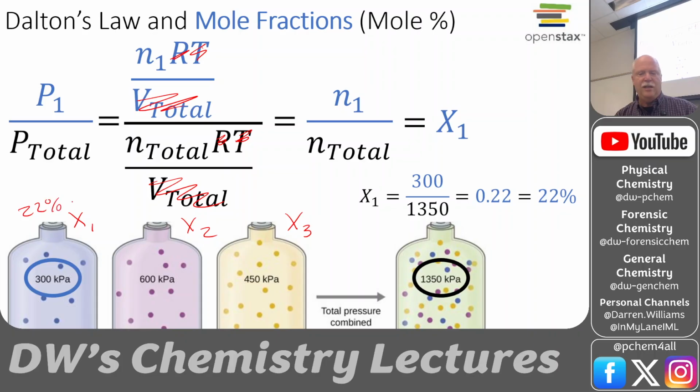So let's get our calculators out and calculate 600 divided by 1350. 44, thanks. So this is 44%. And then what is 450 divided by 1350? 33.